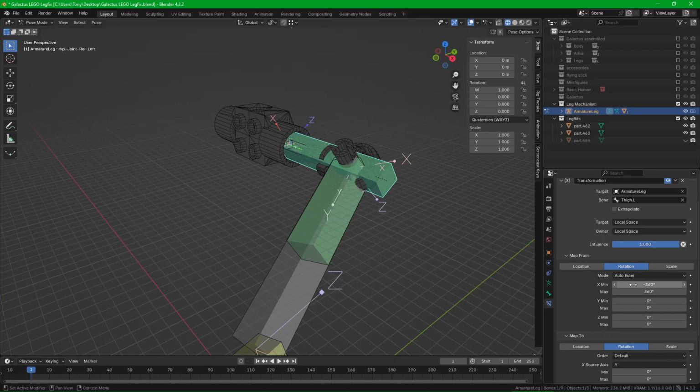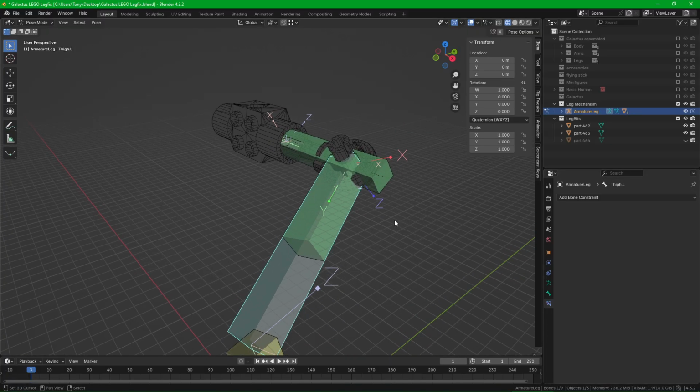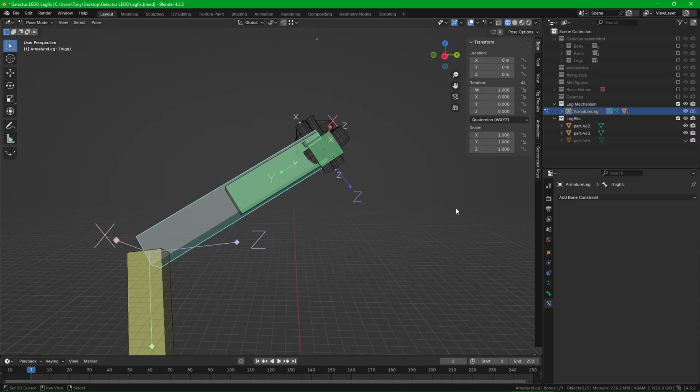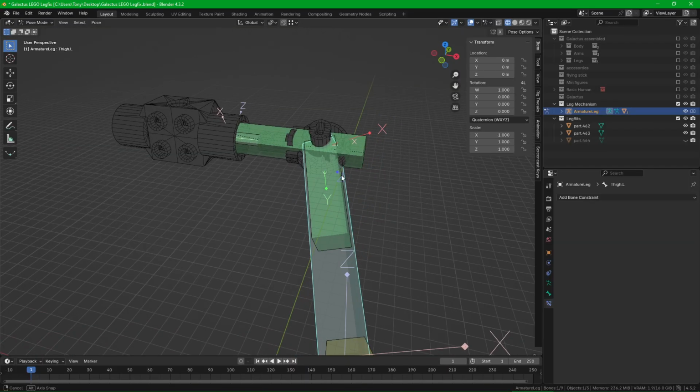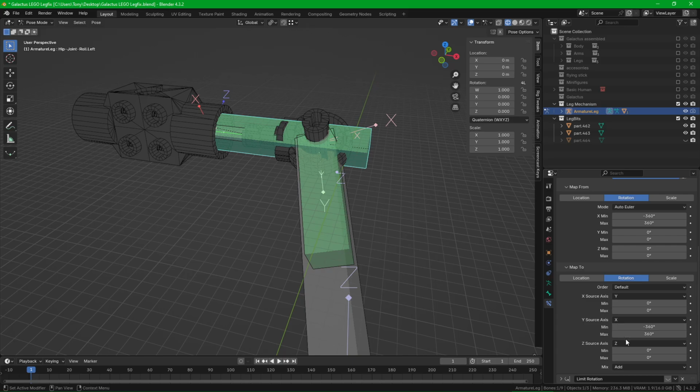on the x-axis, right? So that's the x-axis here, where the thigh rotates around when he brings his thighs up or back when he's walking, right? It looks at the x-axis of that, and it applies it to the y-axis of this bone, and that's what this drop down here is.